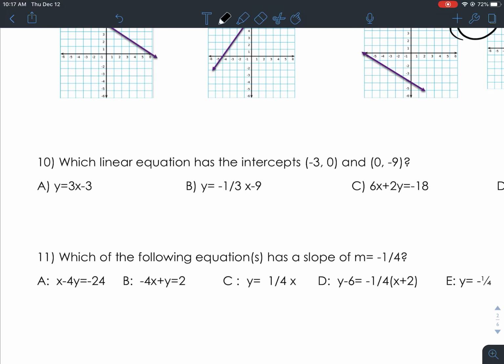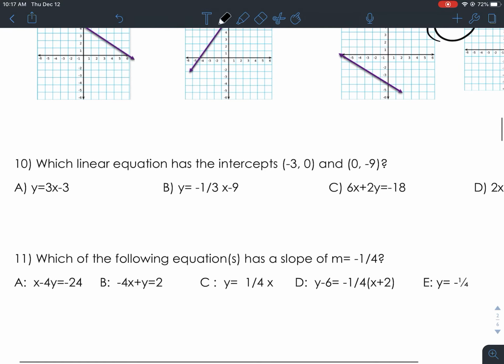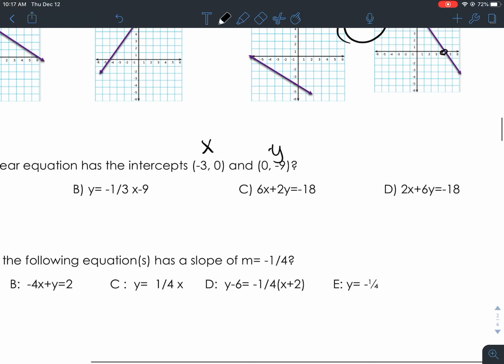All right, which one of these linear equations has these intercepts? You could just plug them in and check them. I know the first one's out because this is x-intercept and y, and the y-intercept in this case is negative 3, so that's out. So now we just have these 3 left, I should say. We already know that B has a y-intercept of negative 9, but we can go ahead and find the x-intercept by making y 0.